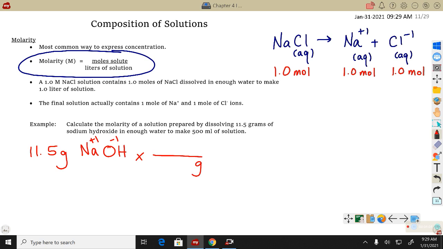So I can get right after it. I want to cancel grams, put it into moles. 1 mole has the mass on my periodic table. And we're not going to do a ton of rounding here. When I'm using the periodic table in the AP packet, if it's multiple choice, obviously you can round all day long and nobody's going to know. But if it's free response, then just leave everything as is.